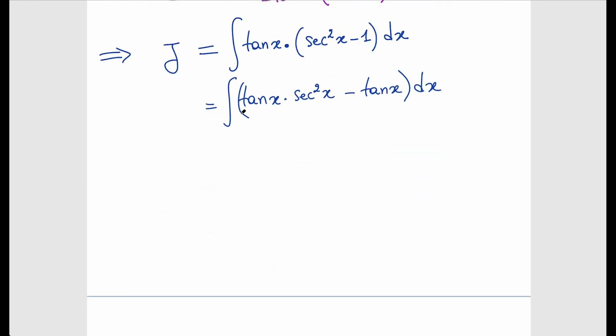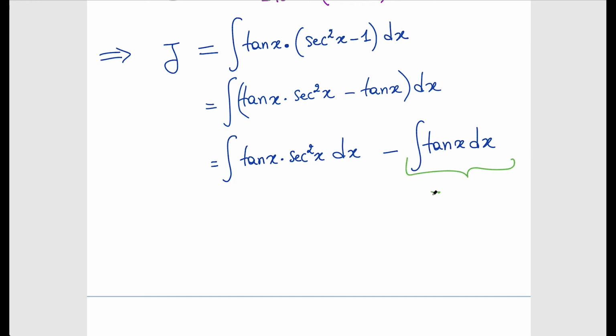So let's write the details. So this is equal to the primitive of tangent x times secant squared x dx minus the primitive of tangent x dx. This was just recalled above. This one is ln of absolute value of secant, which is also minus ln of cosine of x. For the first part, there are two ways to do it, or at least I can see it in two ways.